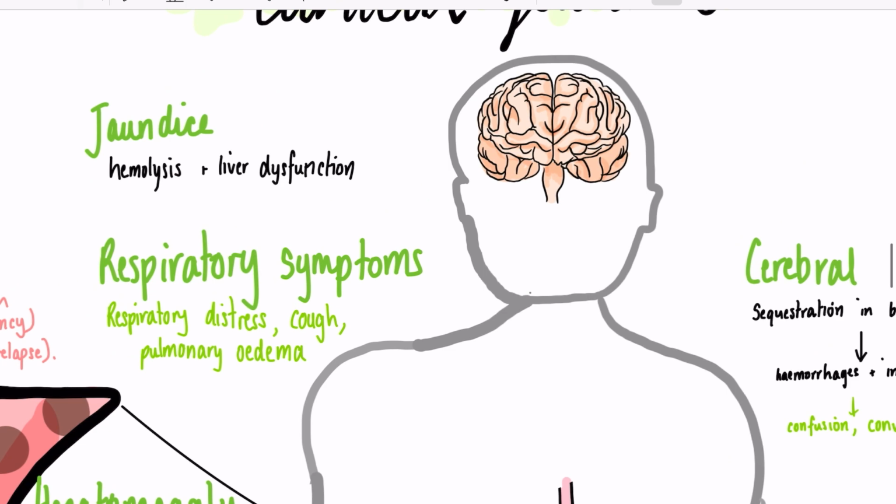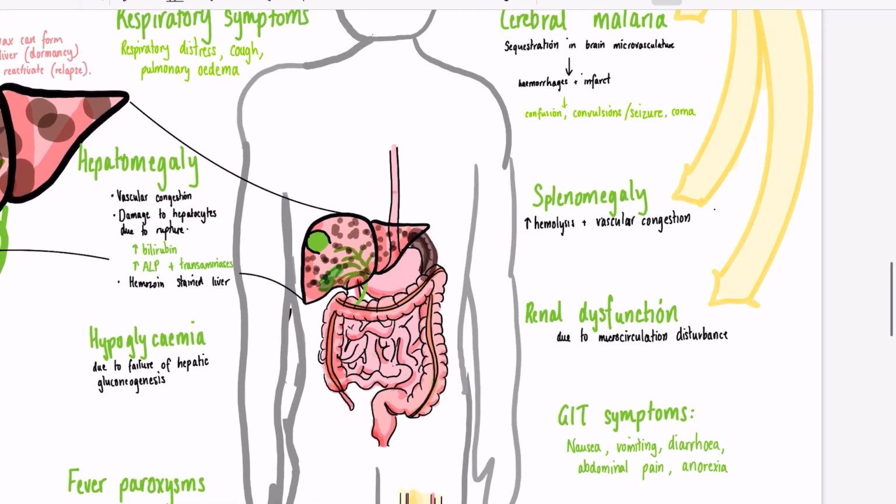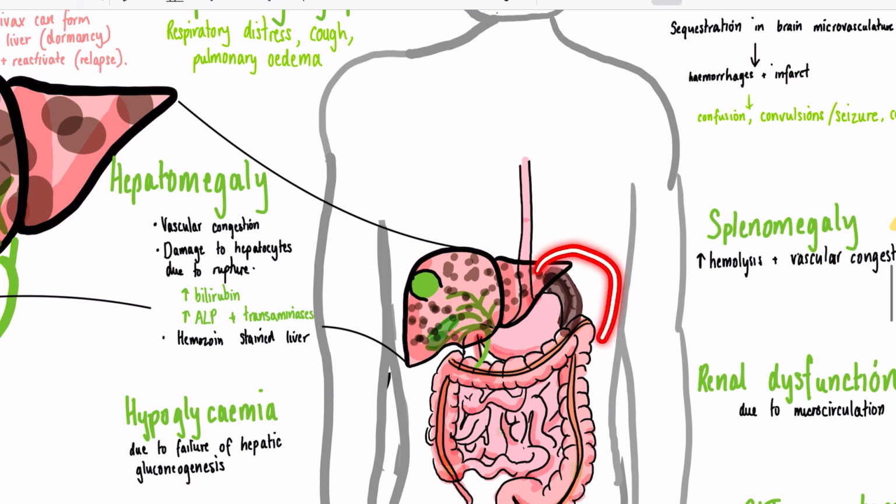Other things that might happen are, actually, I'm going to go to this part. So imagine you've got these yucky red blood cells, they're ruptured, they're going everywhere. They're going to travel through the spleen, and the spleen's going to recognize them as dysfunctional.